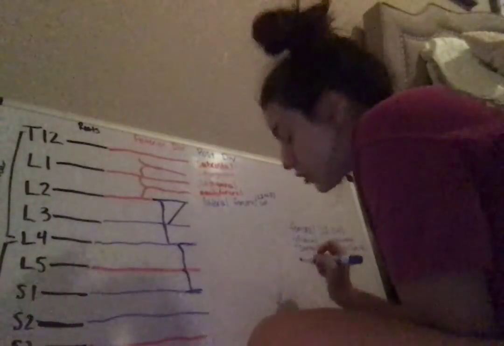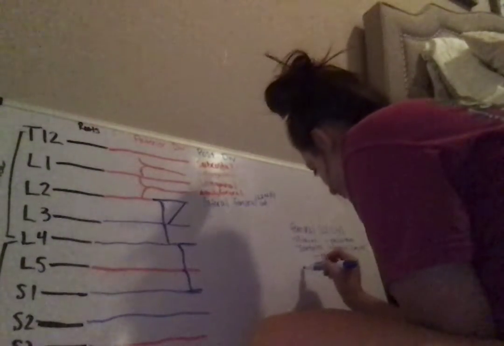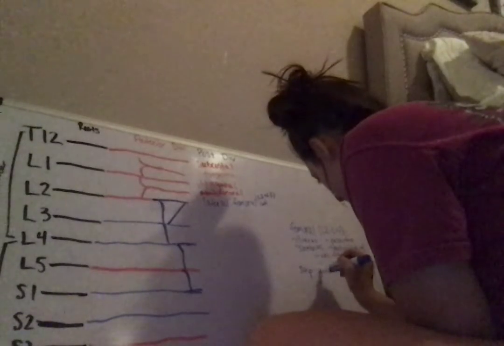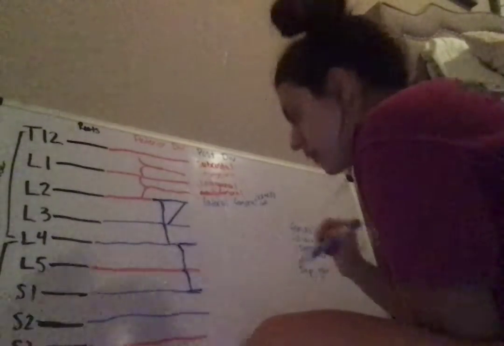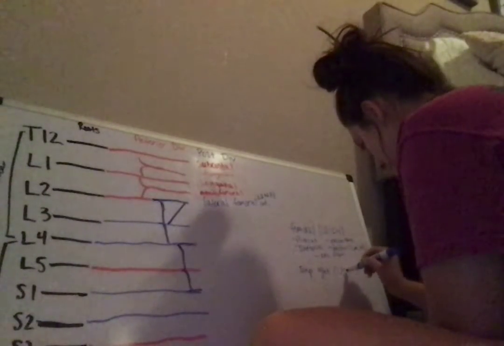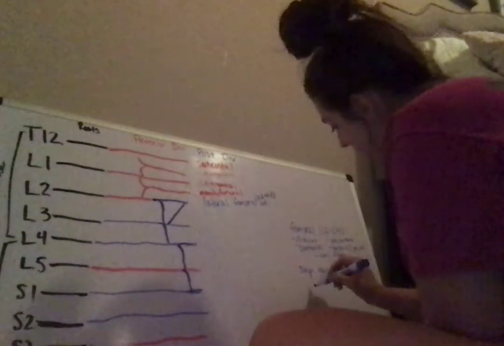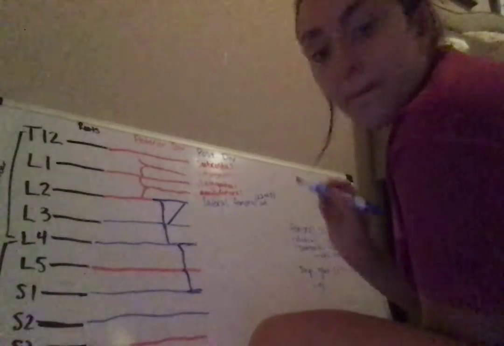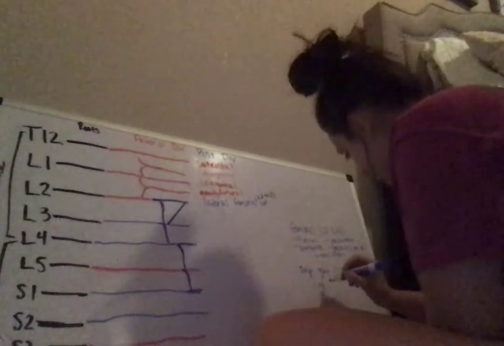Making the superior gluteal. So like I said, L4 through S1. And this innervates the gluteus medius and minimus.